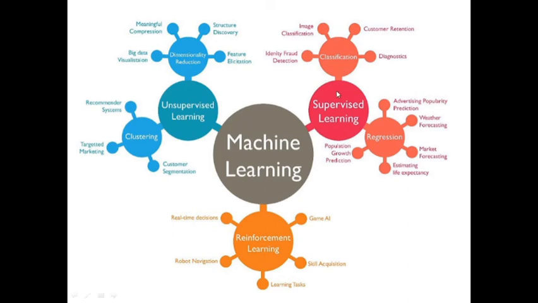Let's summarize this. For machine learning, these are the different categories and we will discuss them a bit. For reinforcement learning, the implementation can go in real-time decisions, robot navigation, acquiring new skills, maybe learning a new language, and gaming. Unsupervised learning can be used for clustering, dimensionality reduction, finding features, finding structure, meaningful compression, data visualization.